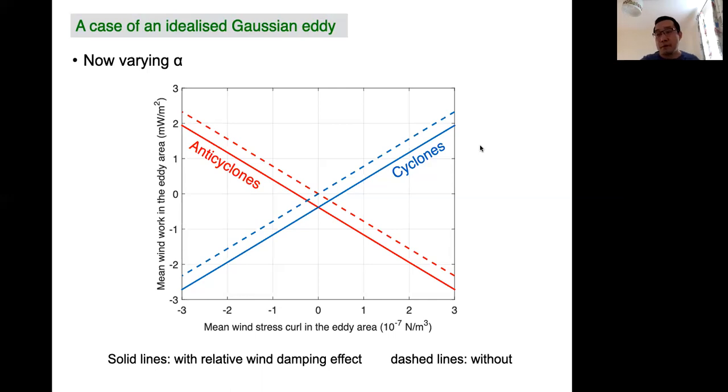One reason we don't focus on the wind energy input to the Ekman current is that this energy tends to be dissipated in the upper ocean, and the mixing associated with that energy dissipation will not contribute very much to the deep ocean or the ocean interior.